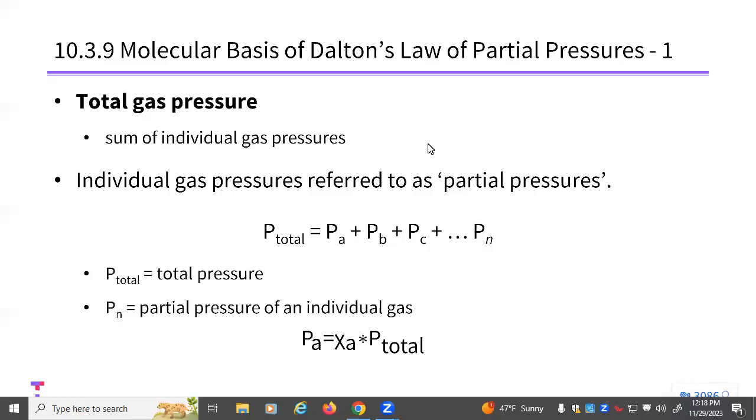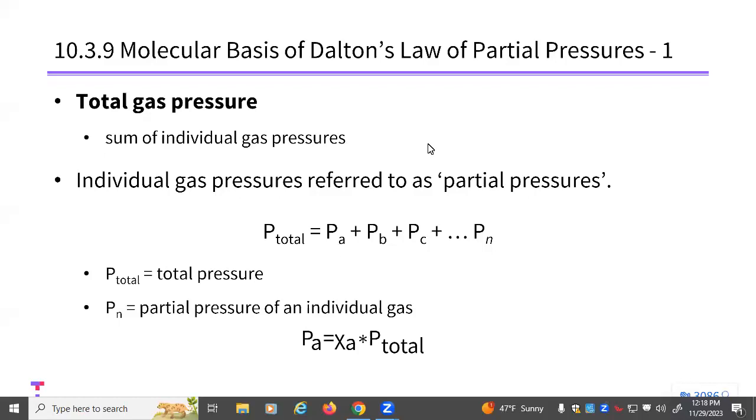When we measured the pressure of that mixture, it wasn't just oxygen, it was oxygen and water vapor. We were able to account for that because water has a measurable vapor pressure, and we could look up what that pressure was and subtract it out.